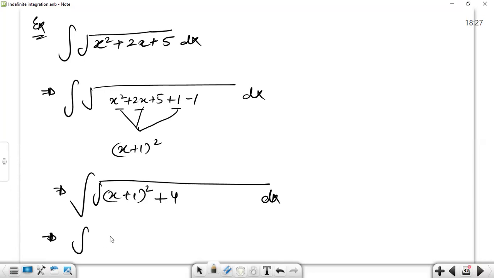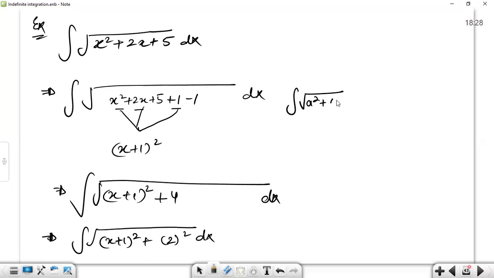Now we will write 4 as 2 square for our convenience, because we have learned the standard result, the integration of root of a square plus x square, and we have learned this as x by 2.